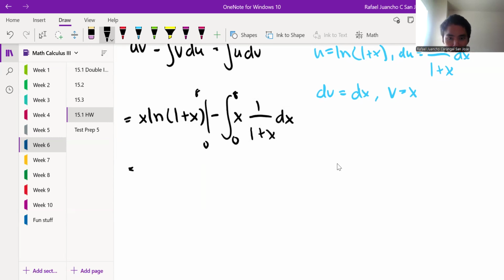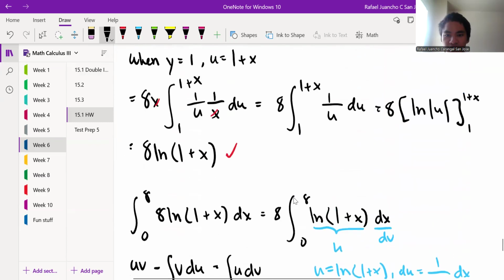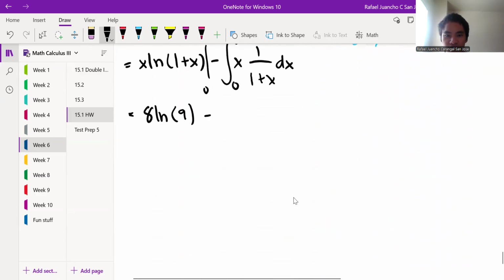Right? 0 would give me nothing. So here I have 8 ln 9. Right? This one would give me 1 over... Oh, shoot. I think I went back to the... Uh-oh. Whoops. So I have to rewrite the whole thing. That's not fun.